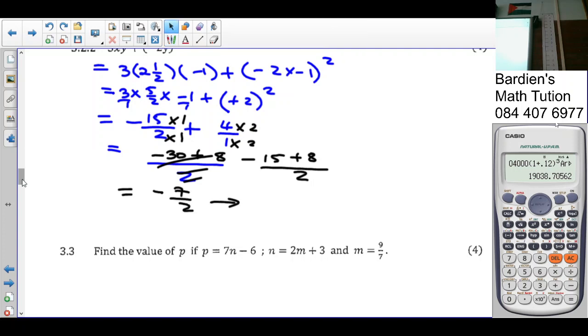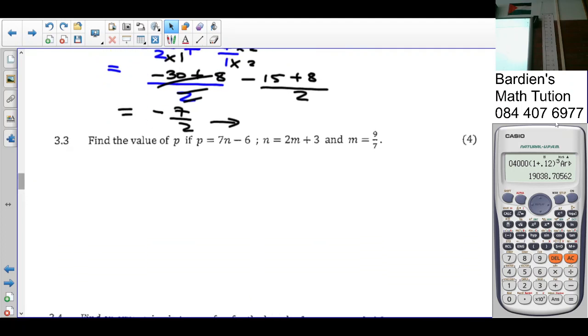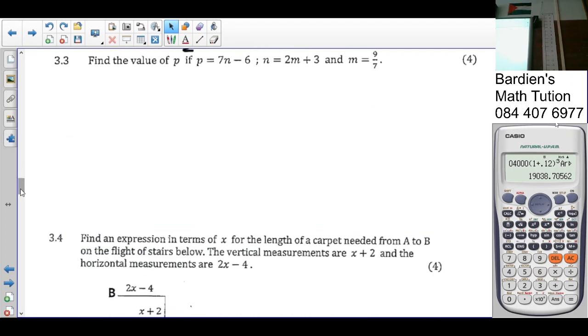Sorry about that. Do you guys understand? Any confusion? No? In question 3.3, the question says find the value of P if P is equal to 7n minus 6, n is equal to 2m plus 3, and m is 9 over 7. Okay?